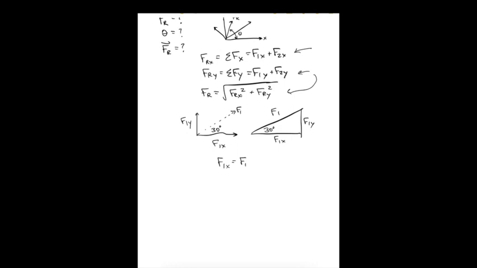F1x is equal to F1 cosine of 30 degrees. F1y is equal to F1, it's the opposite, so sine of 30 degrees. Plug our numbers in and solve. So here we see 519.6 newtons, and this one would be 300 newtons.